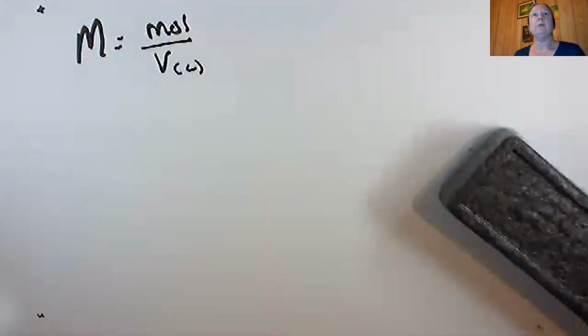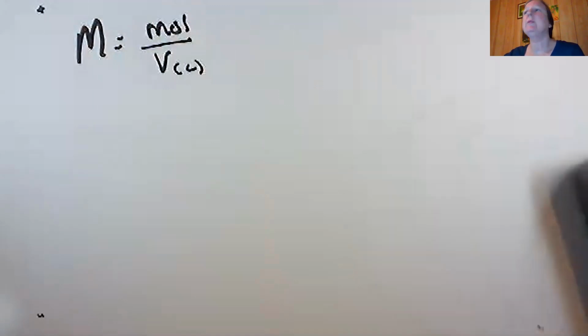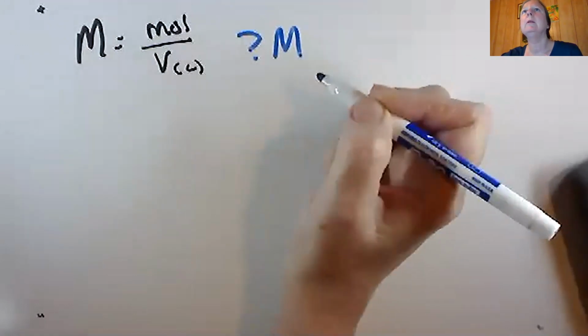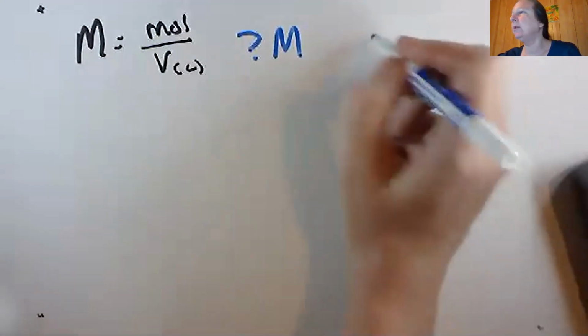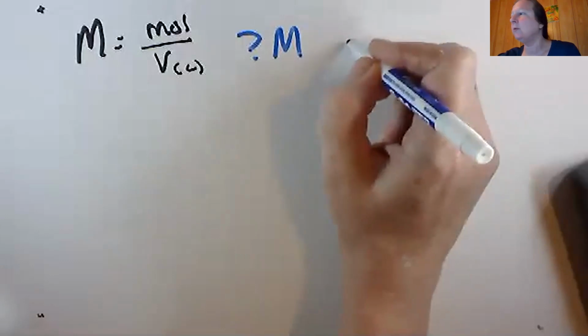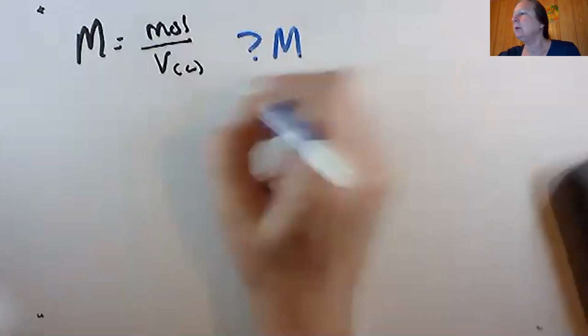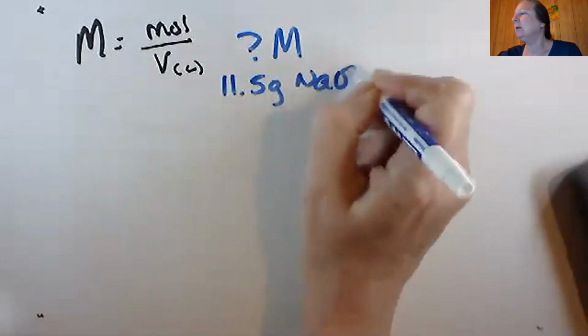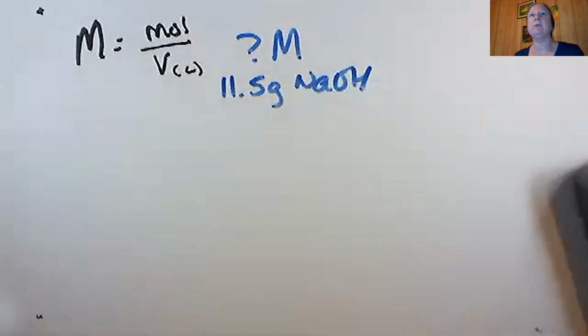So let's go to the first problem in the slides, and it says we're going to calculate the molarity. Remember, write down what you have and what it's asking for. So what does the first problem give us? It says we're looking for molarity of a solution prepared by dissolving. That's the solute. If it says it's dissolving, that's your solute. 11.5 grams of sodium hydroxide.